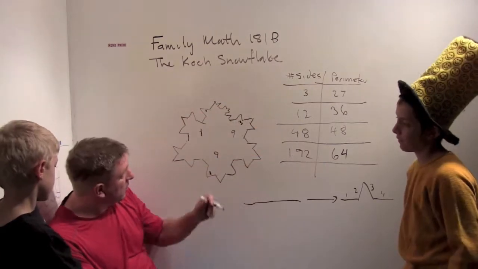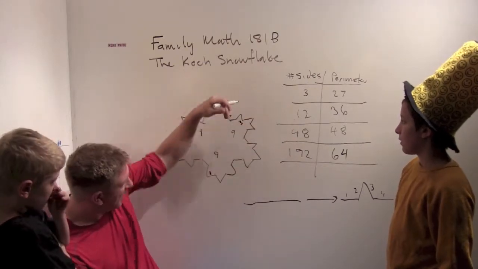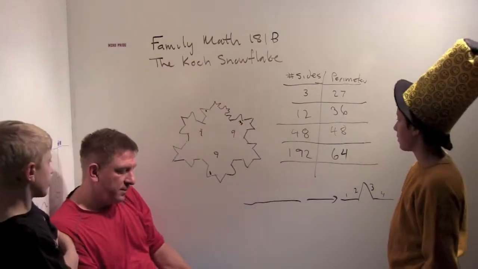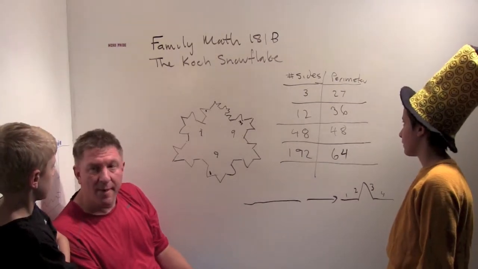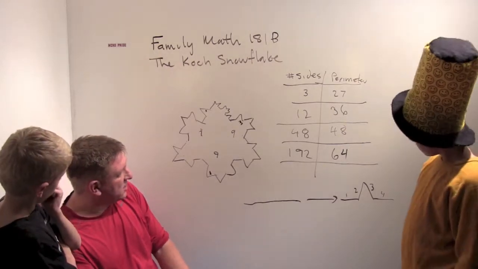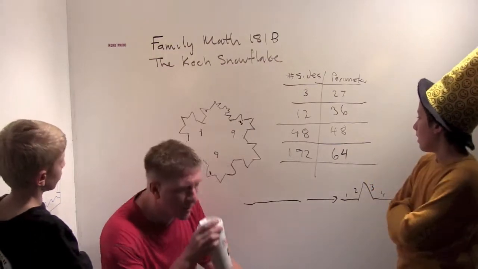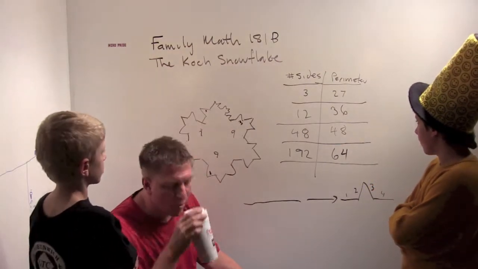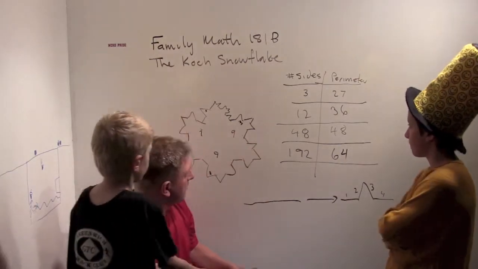And if that pattern continues, the number of sides is multiplied by 4. Not the side lengths, the number of sides. Now what's happening to the side lengths each time? Well, you're dividing them by 3. Dividing them by 3. Okay. So now the interesting question is to see what's happening to the perimeter. Well, I don't see any real pattern in the perimeter.